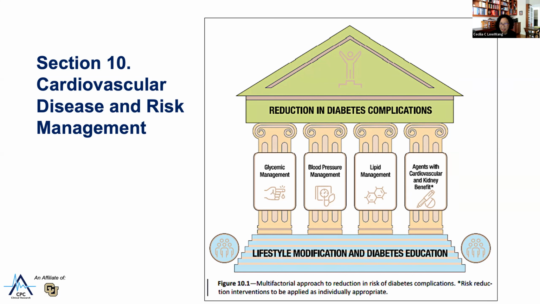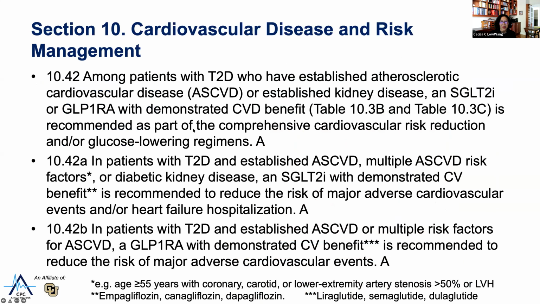That's the most important. And so here's all the information I was telling you about with people with established ASCVD or established kidney disease. We should be thinking about an SGLT2 or a GLP-1. And then people with established ASCVD or multiple risk factors, and I've listed them here, or if they have kidney disease, then we think about an SGLT2.